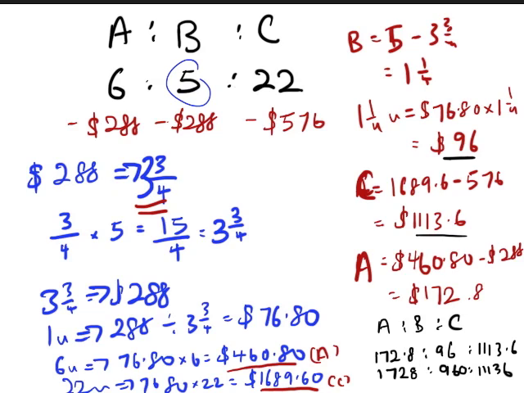I'm not going to show you the extended working, but basically you keep reducing it further and further until the final answer that I got was 9 is to 5 is to 58. That means you divide this whole thing by 192 for each and every one of them.